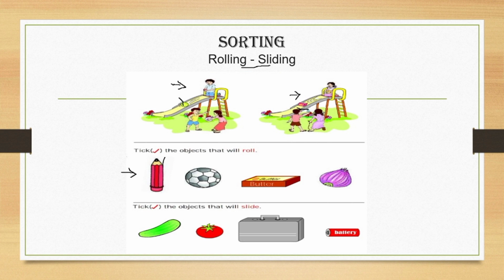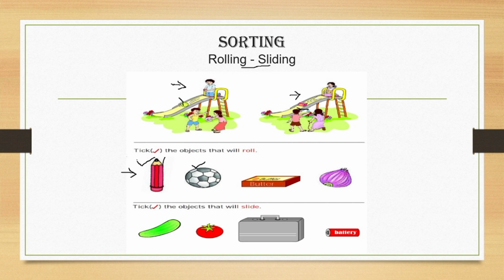It will roll, right? So, we can take this. This is an object that will roll. And this is a ball. How do we play with a ball? By rolling it, right? So, this is also an object that will roll.